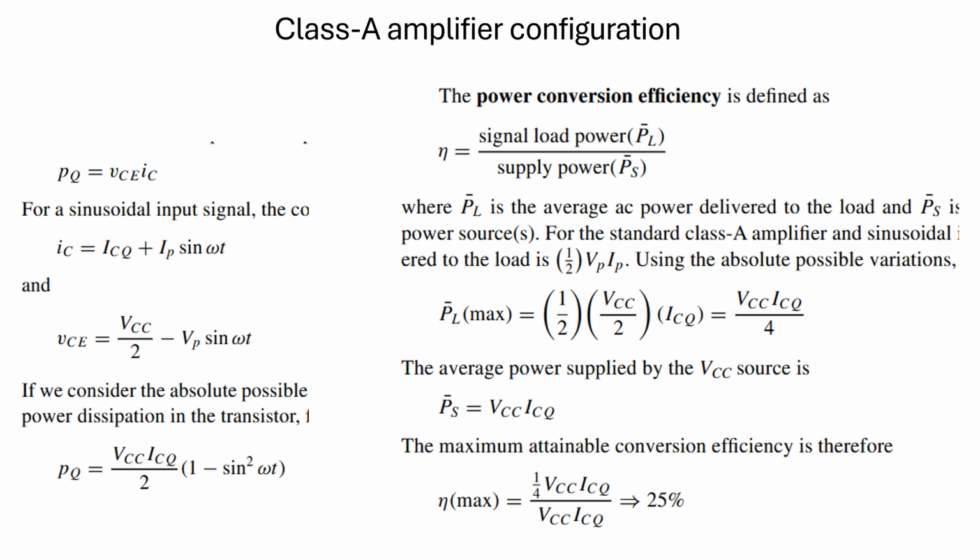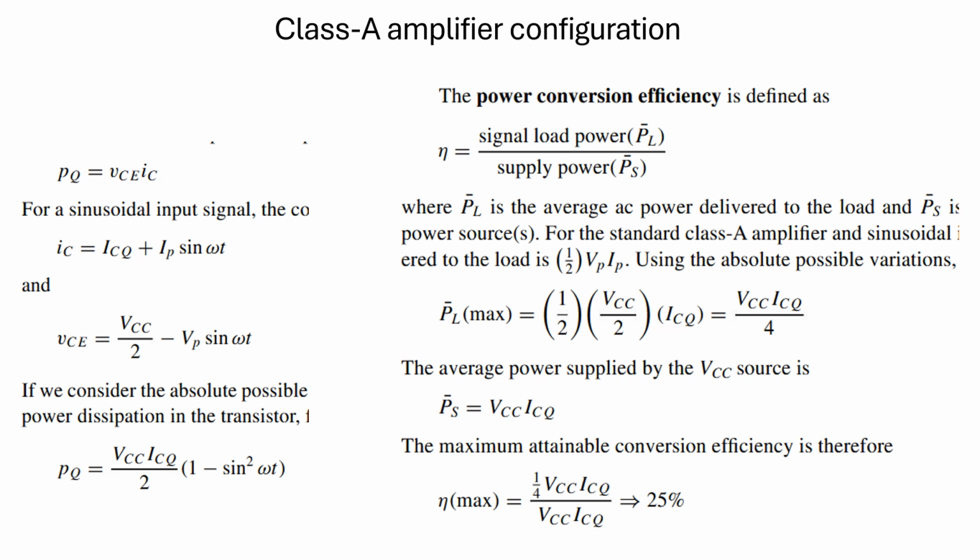Similarly, VCE will be VCC by 2 minus VP sin omega t, and we can find out the power, that is the product of V and I. Now, if we want to maximize the power, that is the maximum, how can we, in order to maximize the efficiency, calculate it?